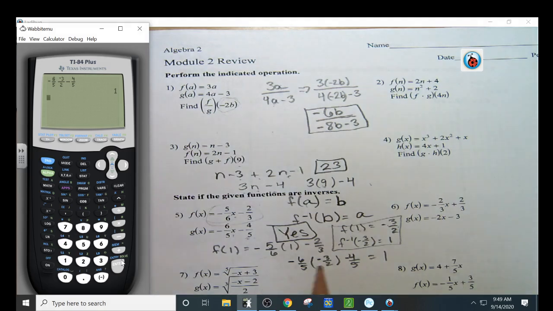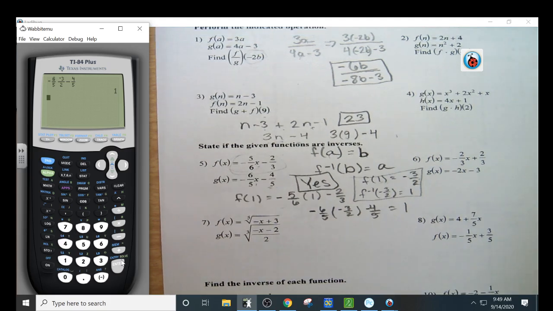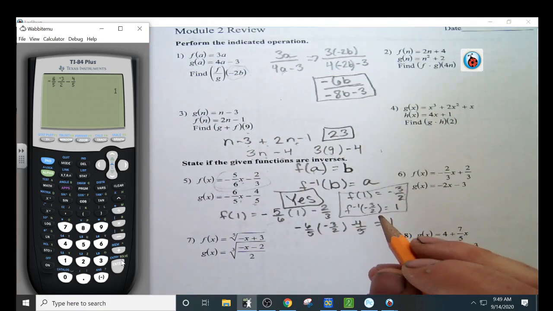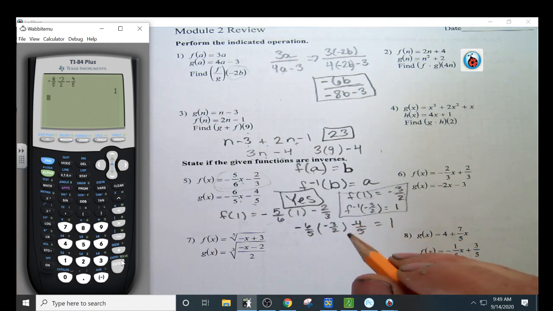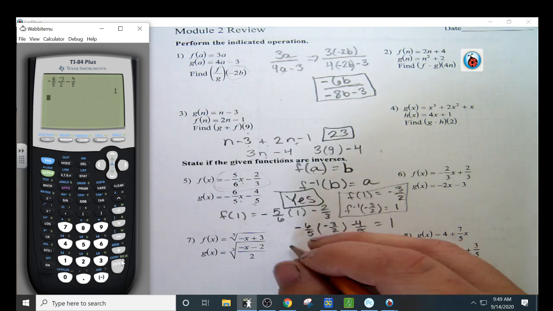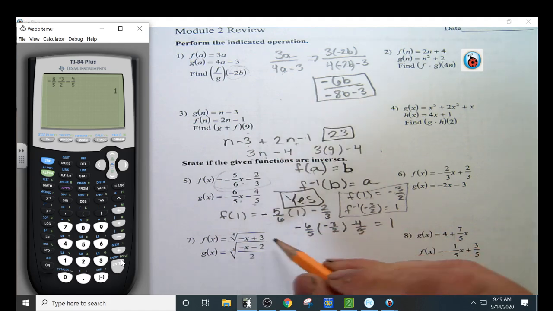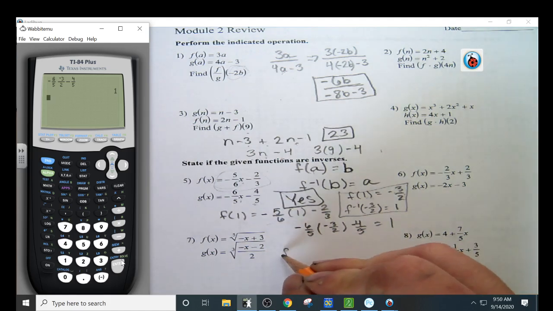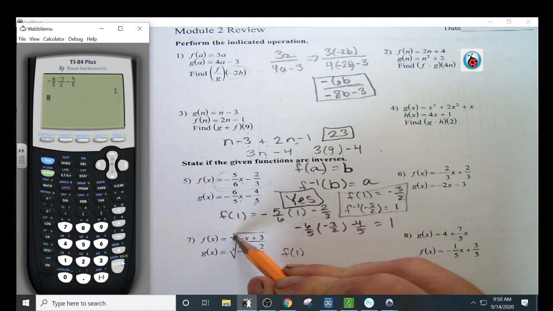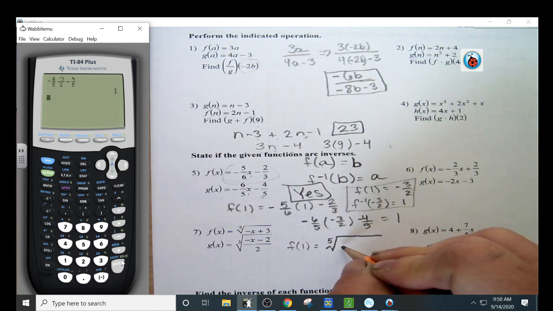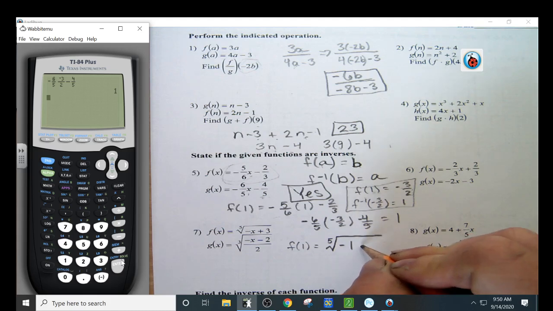Now for number seven, I'm going to plug in a 1 here. So what I'm going to do, guys, I'm going to choose 1 again. All right, so f of 1, that's this guy right here, equals the 5th root of -1 plus 3.